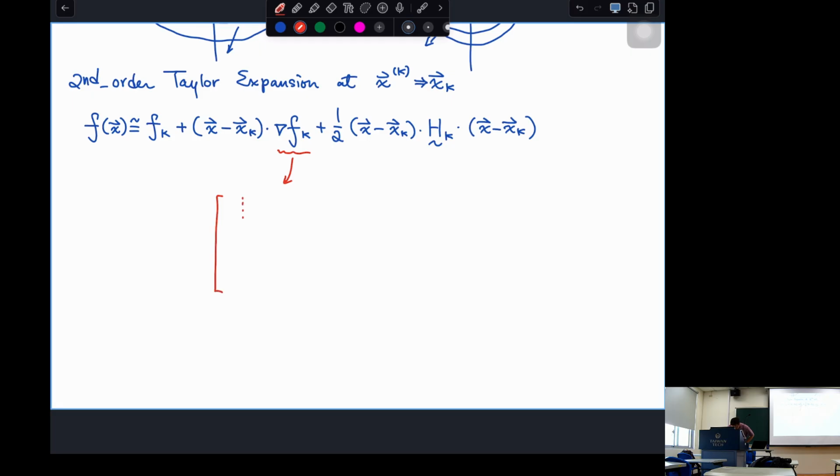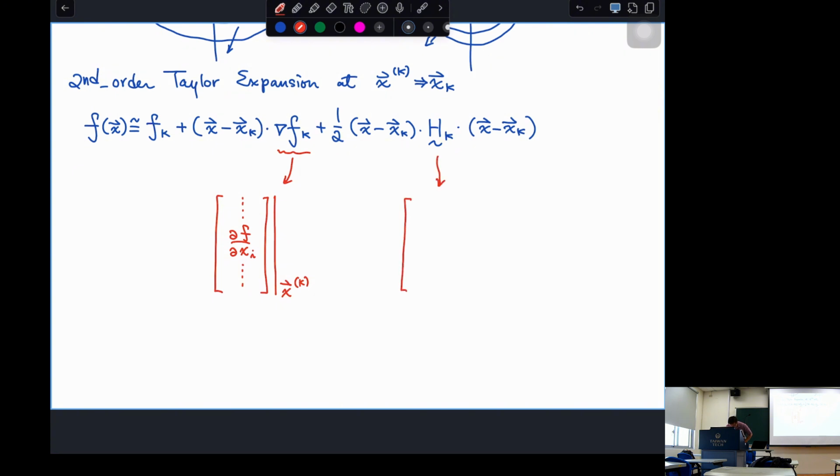So if I write it down, what does it look like? The gradient is a vector of all the first order partial derivatives, and then you plug in xk. And what is the Hessian?